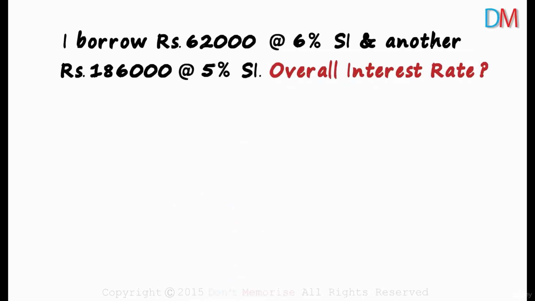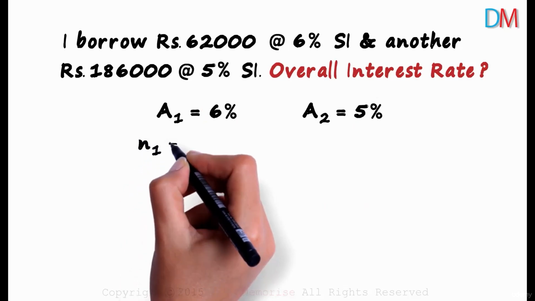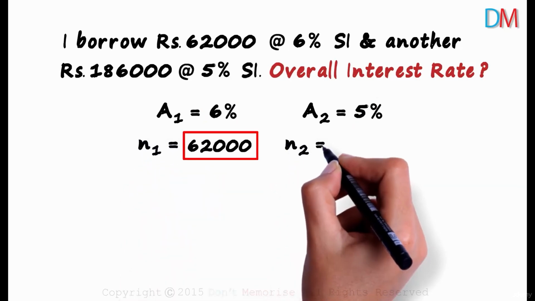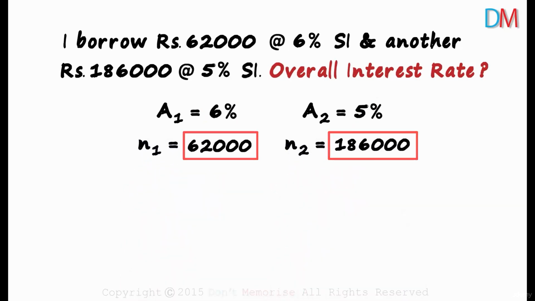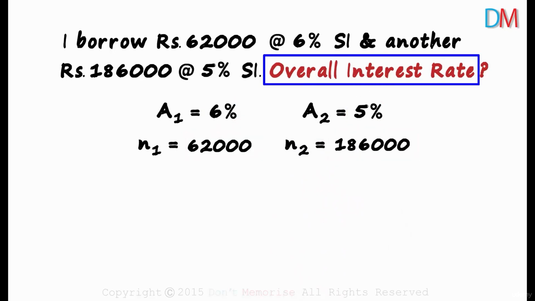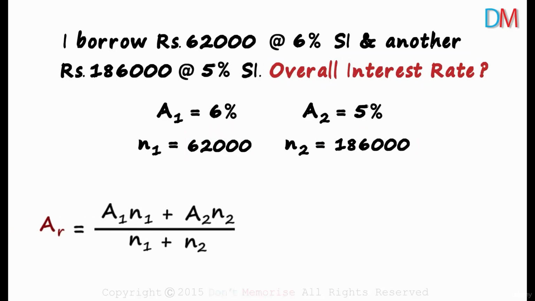So we have been given that A1 is 6% and A2 is 5%. These are the two averages. And N1 will be 62,000 and N2 will be 186,000. These are the respective weights of the averages. And we need to find the resultant average. And now we come to the important question. Do we use the weighted average formula here or do we use alligation?